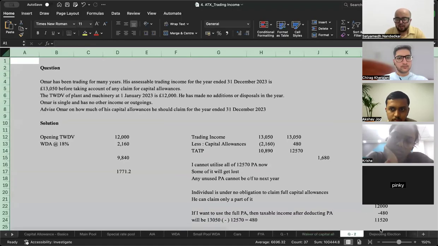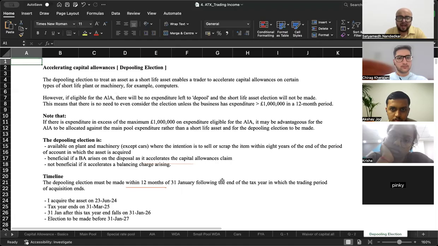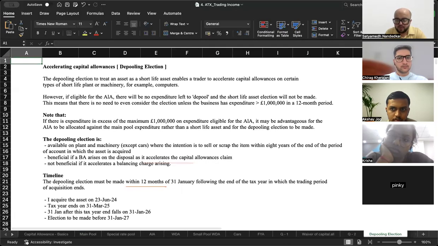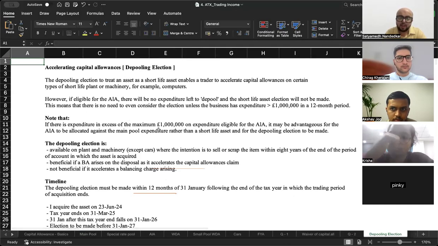Okay. Now, accelerating capital allowances, which is basically the depooling election. The depooling election is to treat an asset as a short life asset. It enables a trader to accelerate capital allowances on certain types of short life plant or machinery. However, if eligible for AIA, there will be no expenditure left to depool and the short life election will not be made.